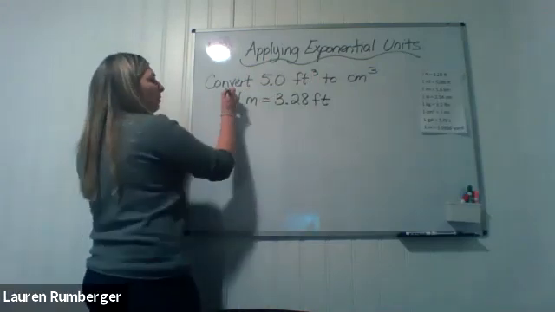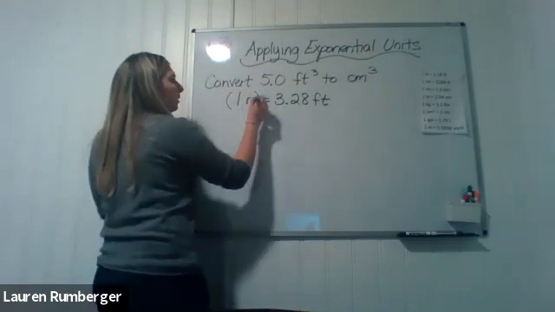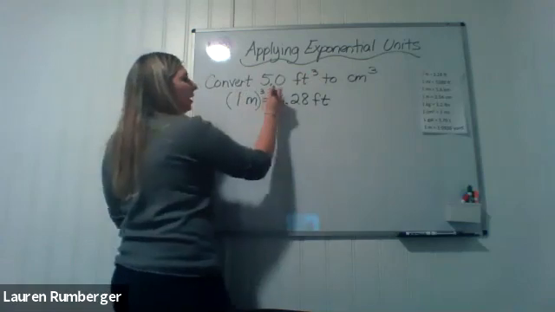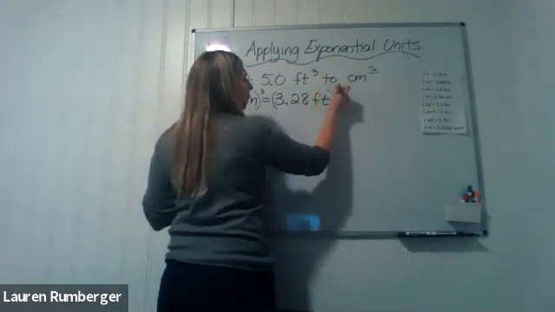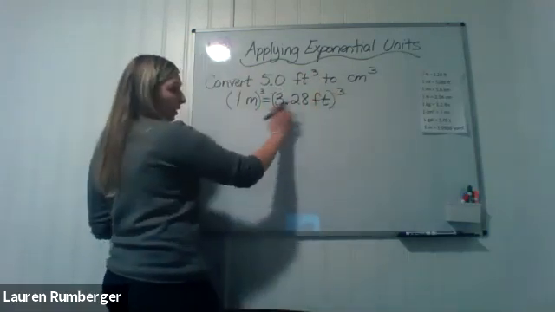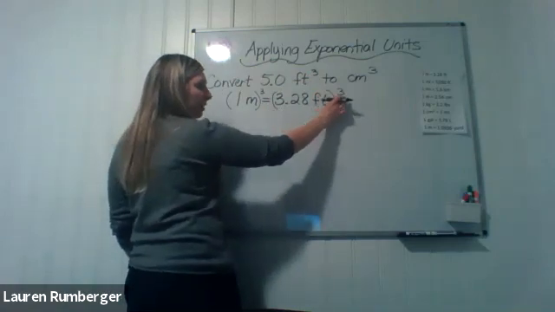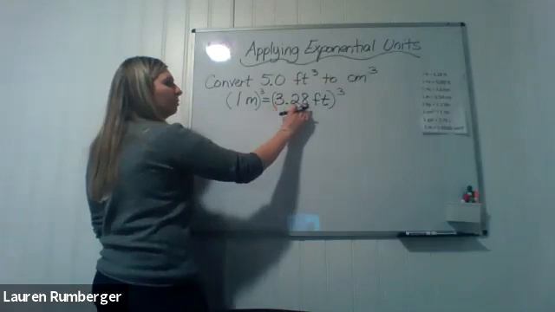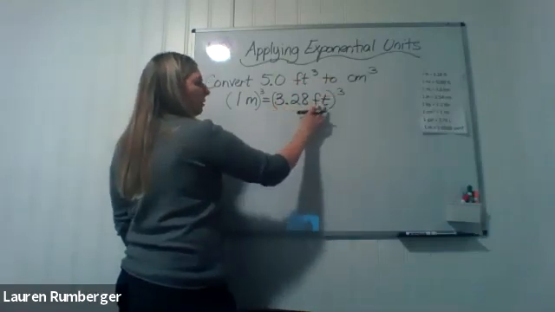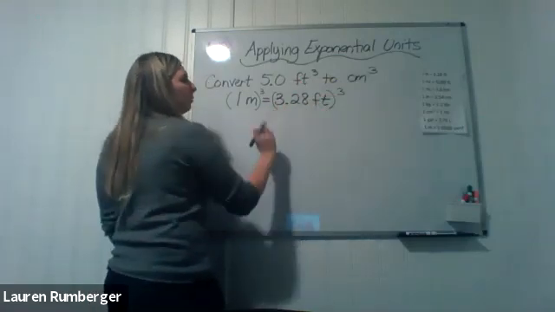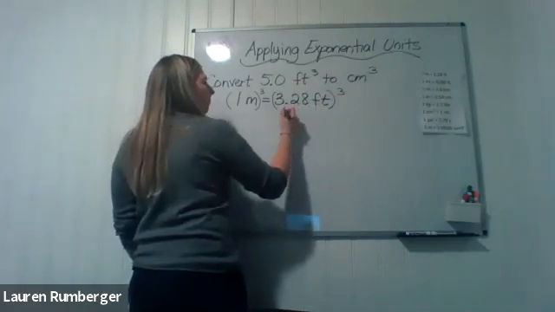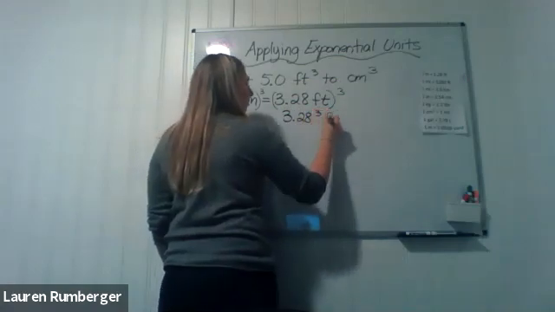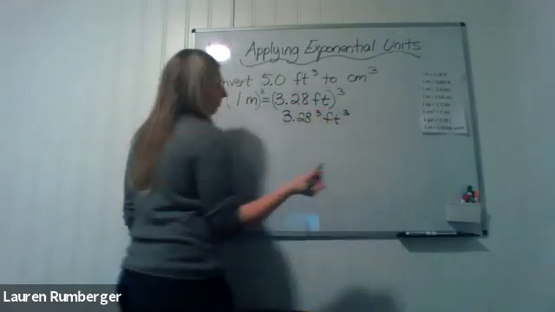So we're going to cube it, and we're going to also cube this. When I put this in parentheses, that means the cube applies to the 3.28 and the foot. So this will then be 3.28 cubed feet cubed.